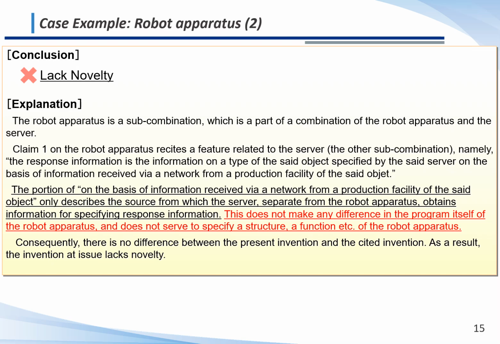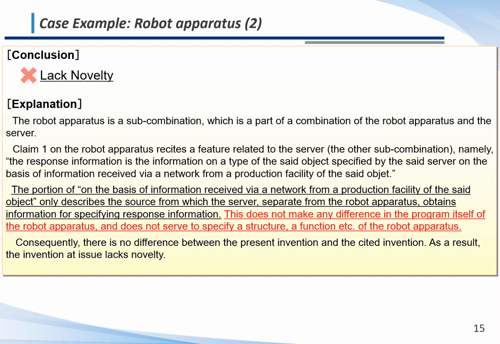The robot apparatus according to Claim 1 is a subcombination, which is a part of a combination of the robot apparatus and the server. Claim 1 on the robot apparatus recites a feature related to the server. The other subcombination, namely, the response information, is the information on the type of the object specified by the server on the basis of information received via a network from a production facility of the object.